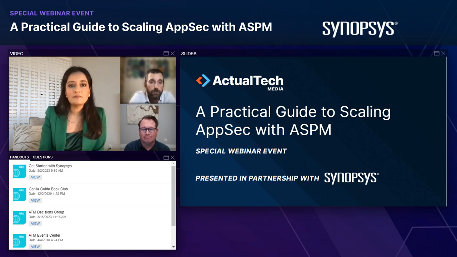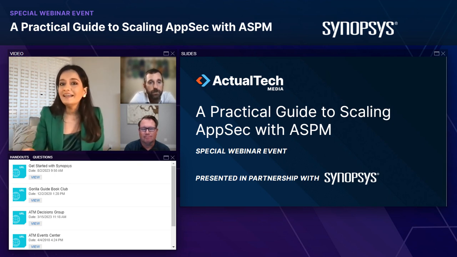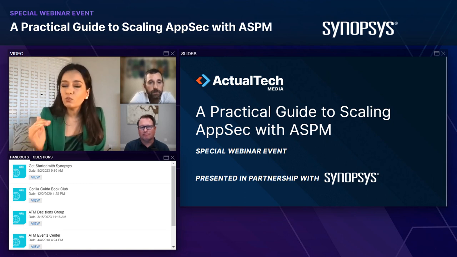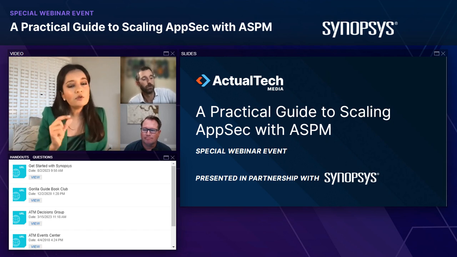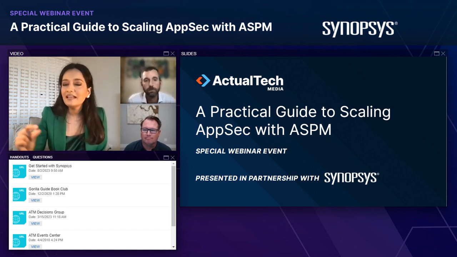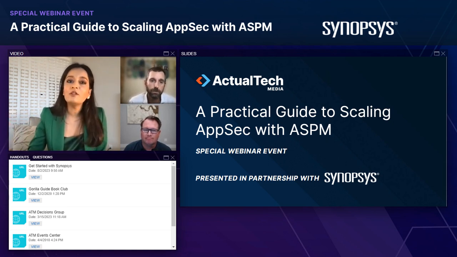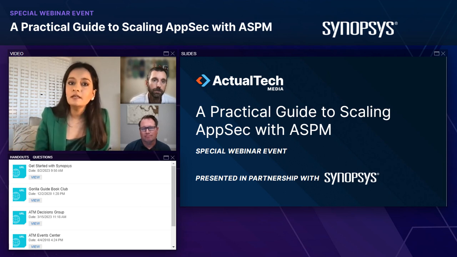An ASPM solution contextually gives you that guidance, as you said: this is the remediation guidance we give, and this is the source of that issue, and it works within the developer systems they look at every single day. If you look at the cost of a defect in correlation with the number of developer hours spent per week cutting through that security work, you're going to find a lot about where an ASPM solution really saves you time and cost.